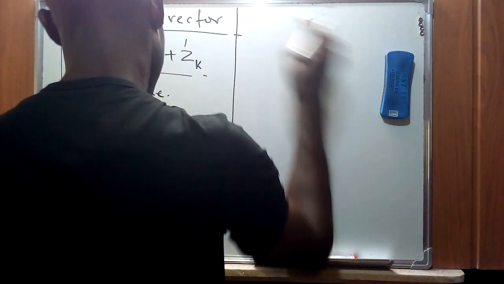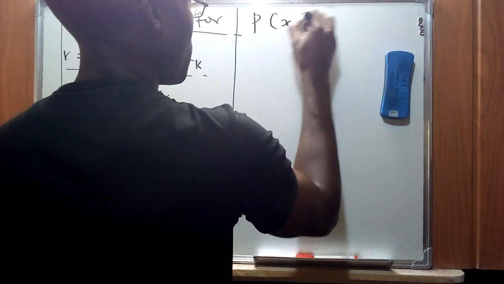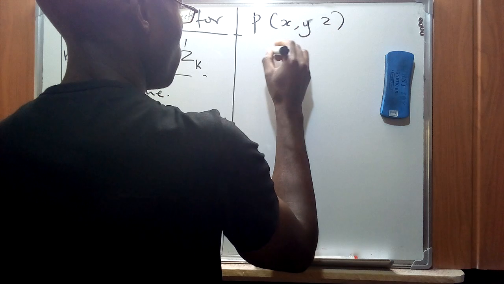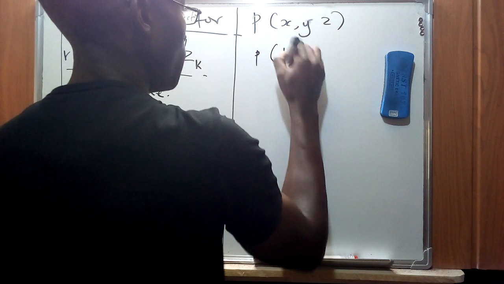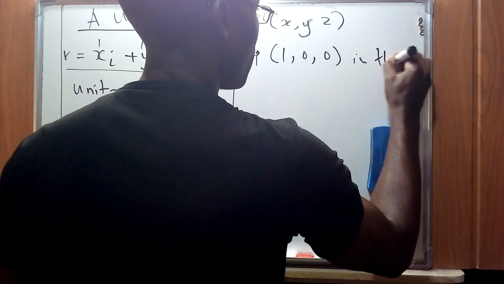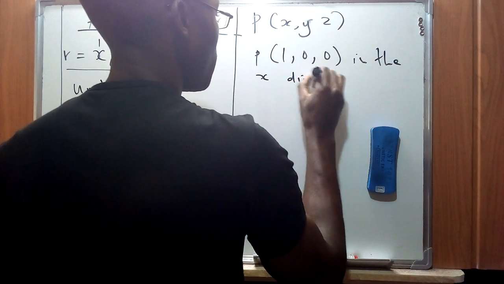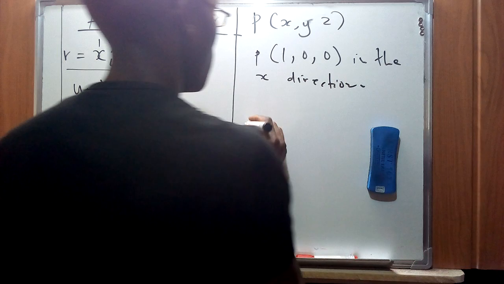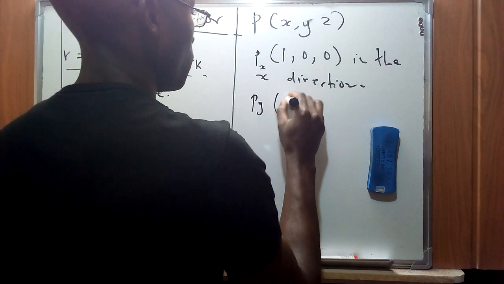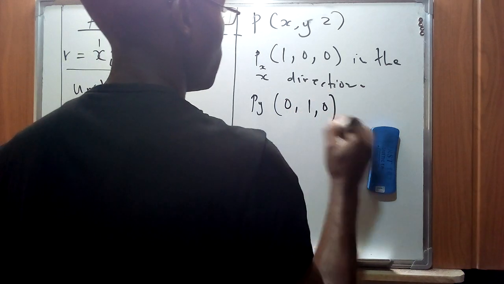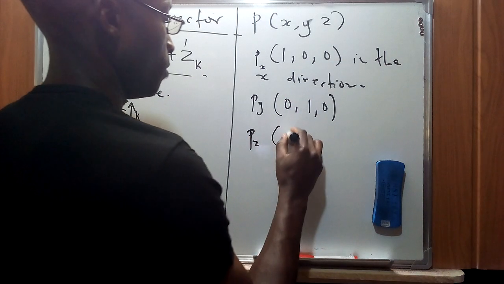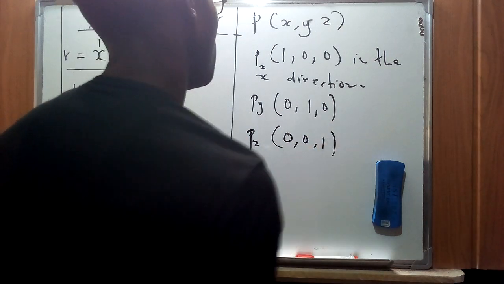Generally for a point P, it's going to be x, y, and z. But for the x direction, this is going to be 1, 0, 0, and for the y direction it's going to be 0, 1, 0. Respectively, in the z direction it's going to be 0, 0, 1.